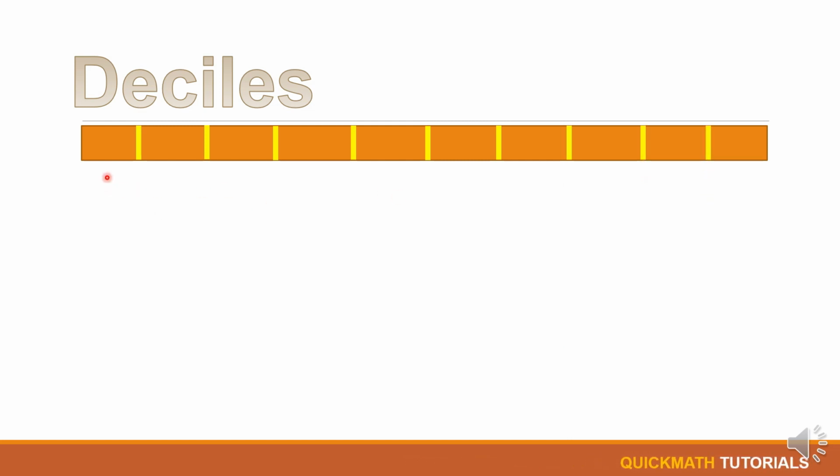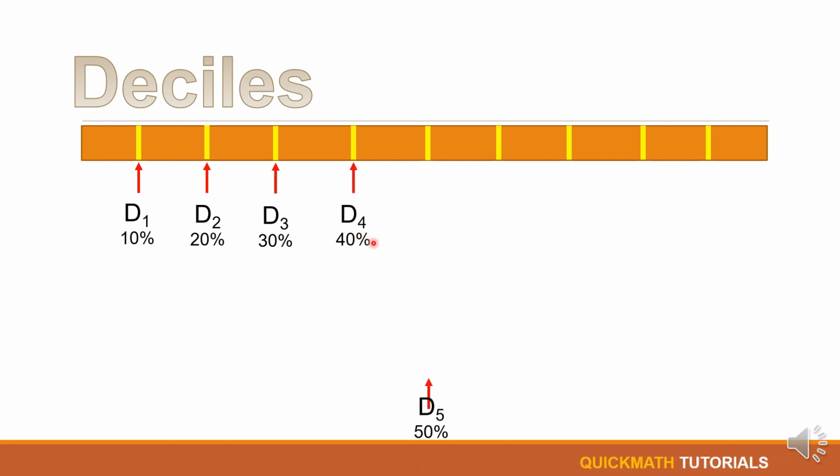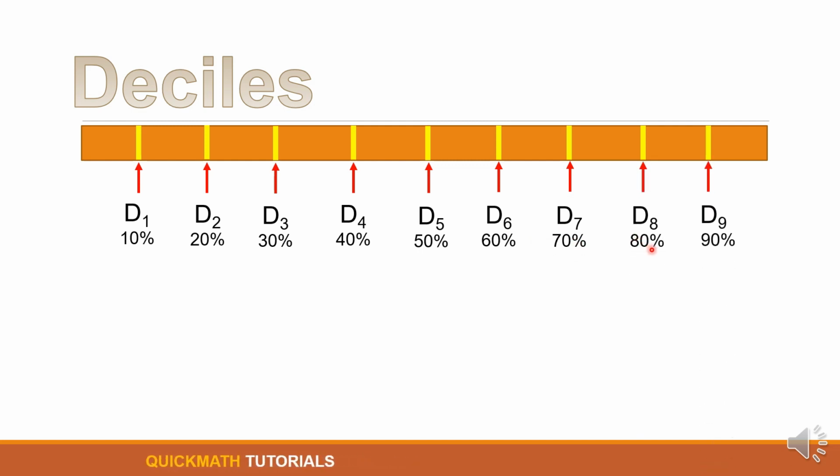And that gives us 10 equal parts. This one is what we call D sub 1 or the first decile, D sub 2 the second decile, third decile, fourth, fifth, sixth, seventh, 8th, and 9th decile, or D sub 9.